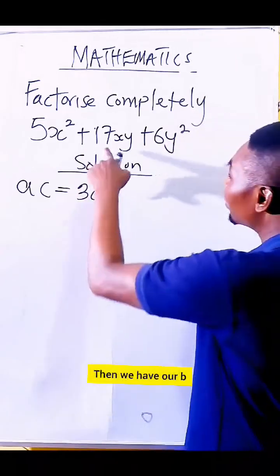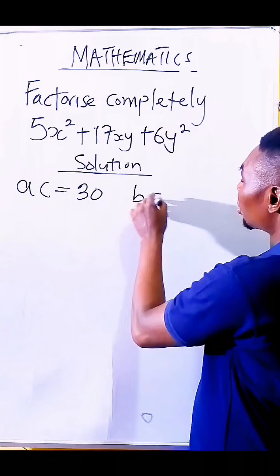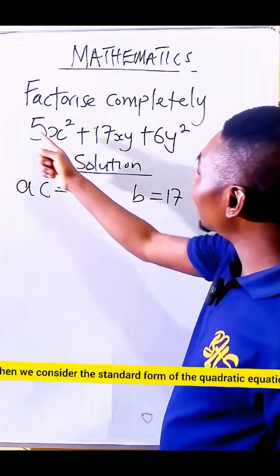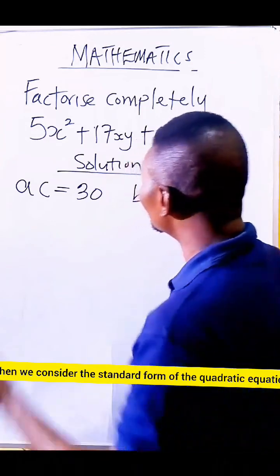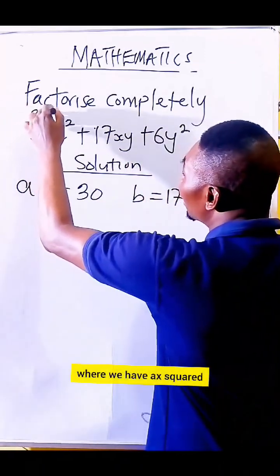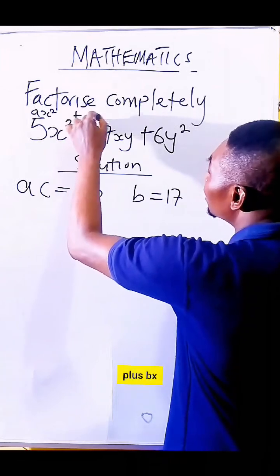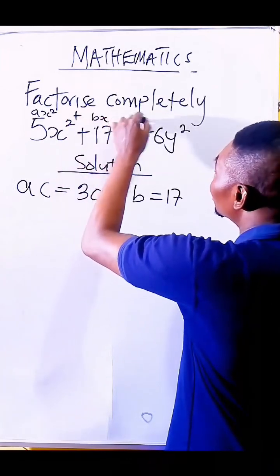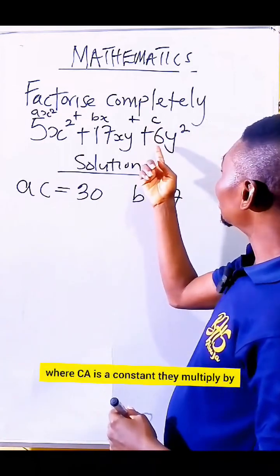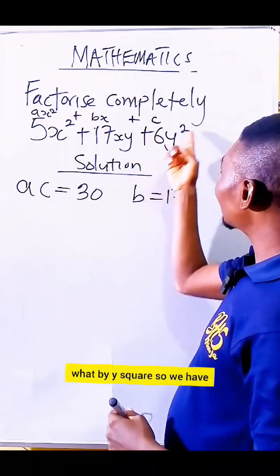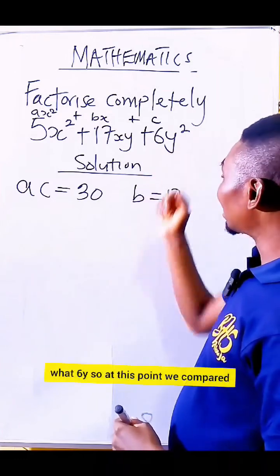Then we have our B, which will be 17. When we consider the standard form of the quadratic equation, ax squared plus bx plus c, where c here is a constant multiplied by y squared, so we'll have 6y squared.